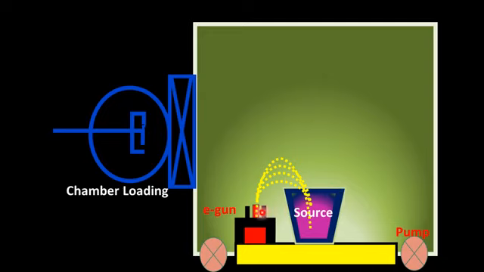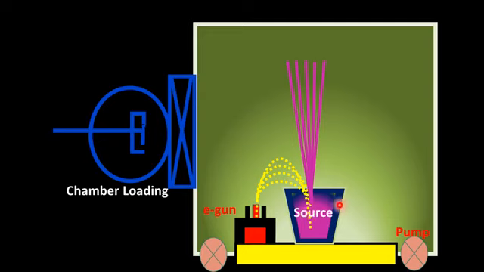So the electron beam must be focused onto the source material in the molecular beam epitaxy setup, and due to this electron beam, the source material starts to evaporate.